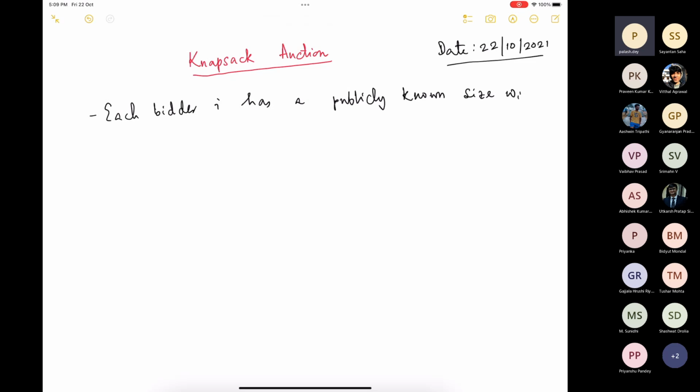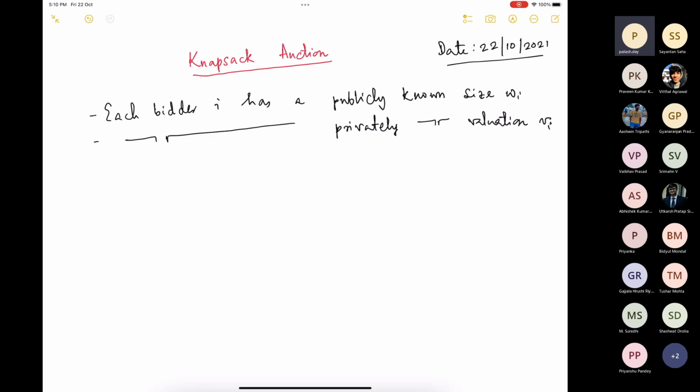So the size Wi you can think of as the amount of time that it takes for the advertisement of bidder i to show. So that is publicly known. Then each bidder i has a privately known valuation Vi.